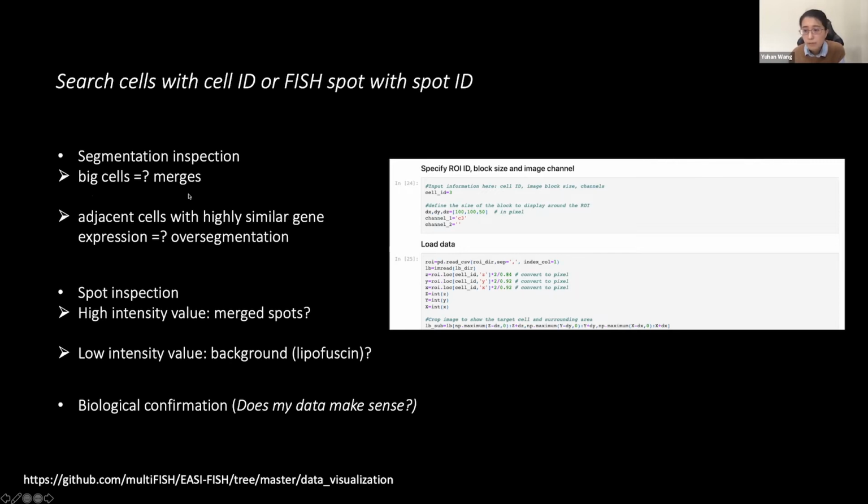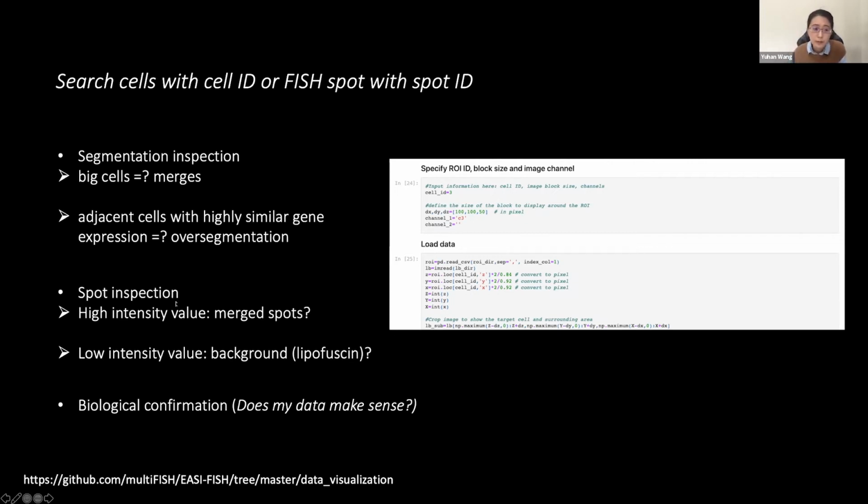In our case, we have millions of cells, so it's difficult to look at an image and look for a particular cell that way. So this really helps us to query a particular cell with their ID. Or if we have adjacent cells that have highly similar gene expression patterns, we also want to know if they are over-segmented, if they're just the same cell, but they get split into two segments.